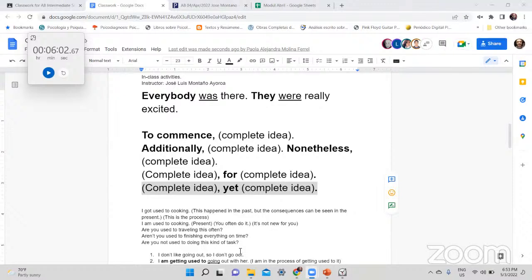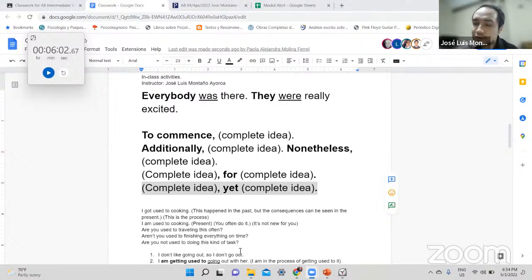"I hung out with my girlfriend, yet it was not the perfect date." Okay, yes, it is possible. You are showing me contrast with that idea. I did this, yet it was not what I expected. I hung out with her, yet it was not the perfect day because something was missing. So that is correct.